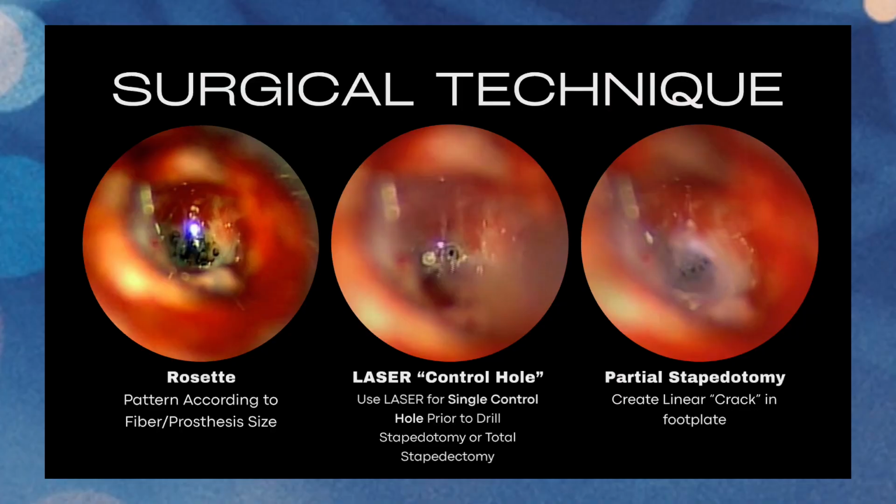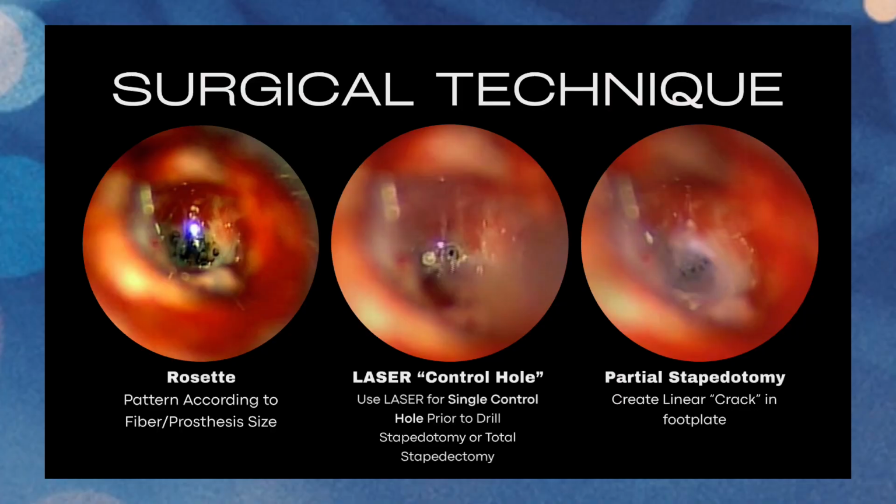So for any of the lasers, even the ones that penetrate water, you don't want to overlap. So you want to make a nice rosette of about 5, 6, all next to each other. So you've created a bit of a thinning just so that it's ready to crumble. And then once you have this rosette, you can take a very nice little straight needle or your little hand drill tool, and just crack it so that it crumbles in and you have a nice opening to place for a small fenestra technique.